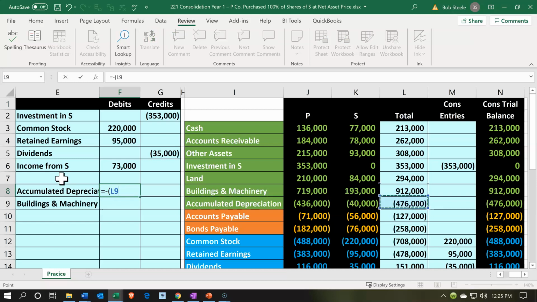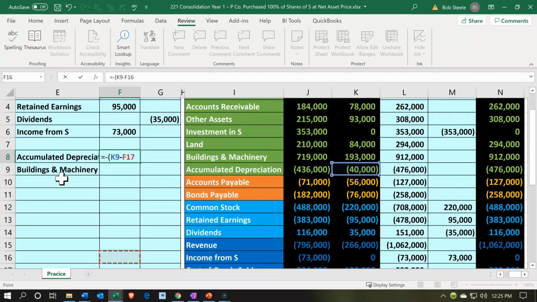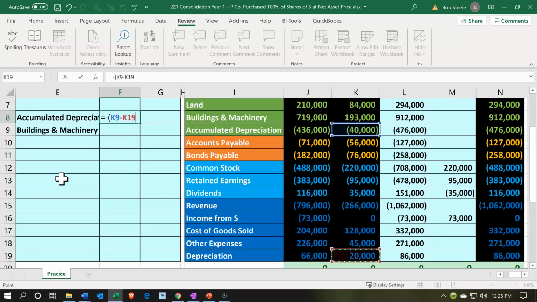The number we're getting is the 40,000 minus the 20,000 down here. 40,000 minus 20, which of course is the 20. Oh, what happened? The 40,000, because one's a debit and one's a credit. So I'm going to say plus to make it subtract. So we're subtracting those two. One's a positive, one's a negative. So there's the 20,000, and then there's the debit and the credit.